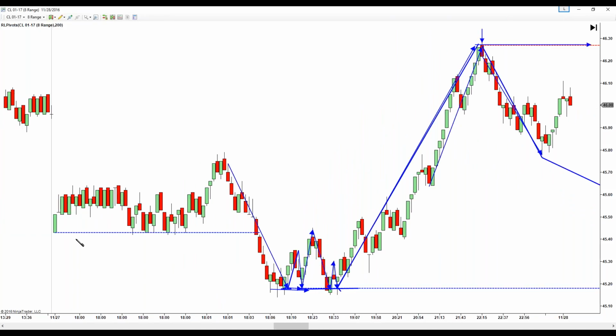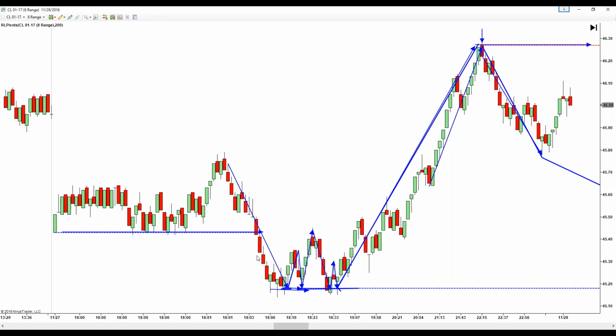Here, look how taking a trade into this pivot would have ultimately caused you to take a major loss or a number of major losers. This is why it's very difficult to anticipate a pivot break.